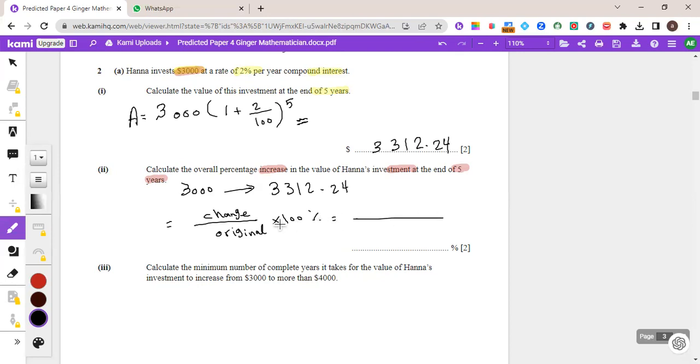You have to subtract those two numbers. So 3,000, we'll subtract this amount, it will be 312.24 over the original. What is the original? 3,000. 3,000 times 100%. Okay, what is the answer?